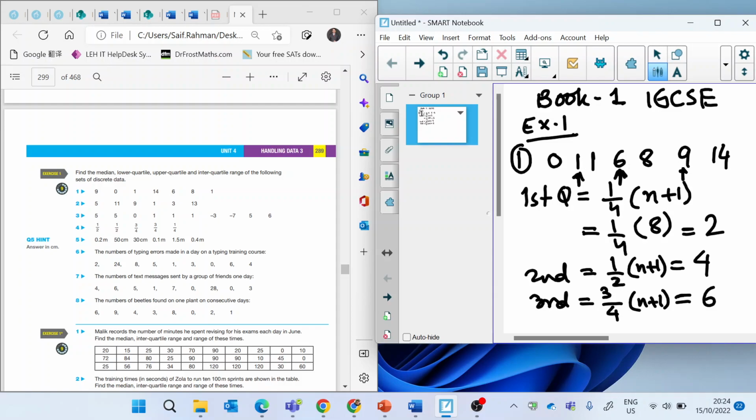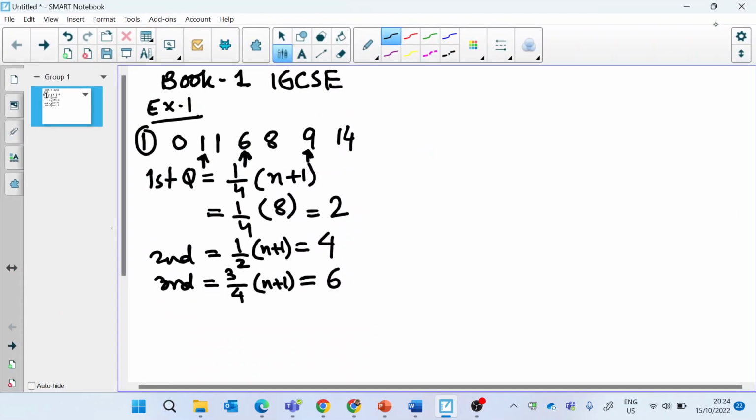The sixth number here is 9. So this number is our first quarter, this number is our second quarter, and this number is our upper quarter.